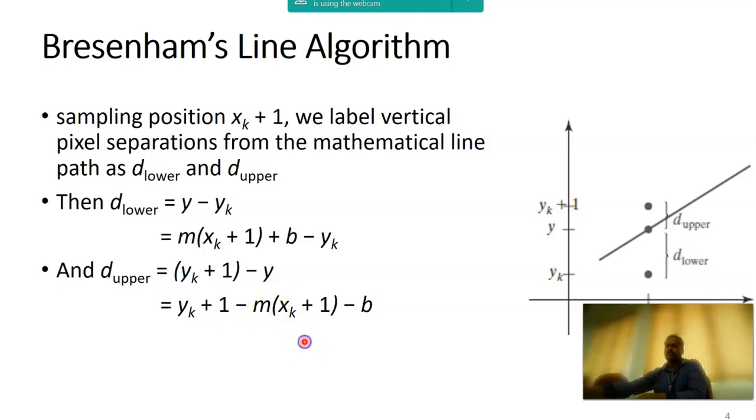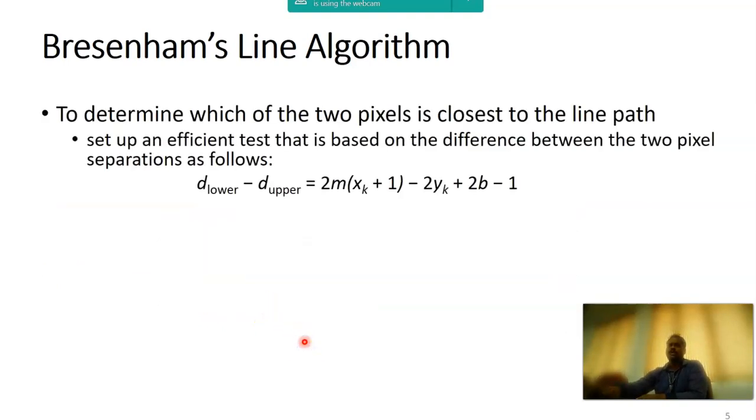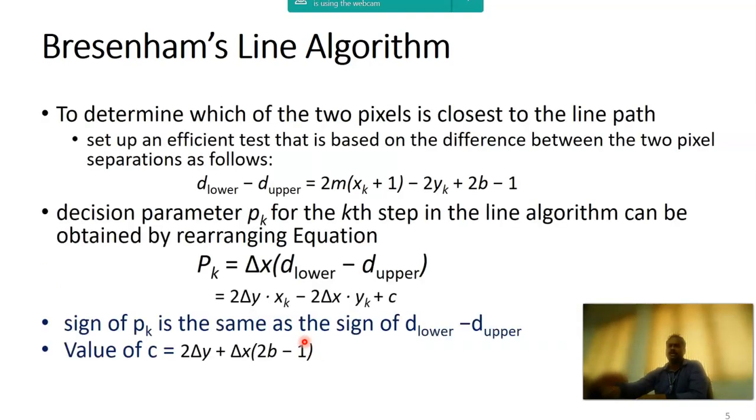From this, we can determine which of the two pixels is closest to the line path. Set up an efficient test based on the difference between the two pixel separations as follows.